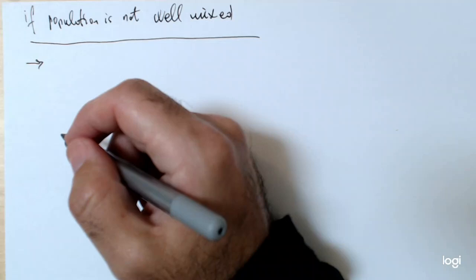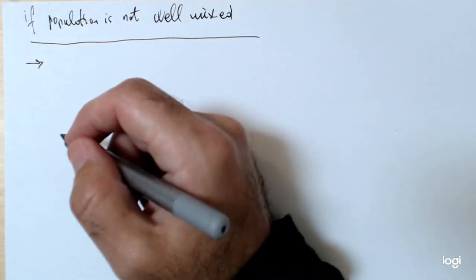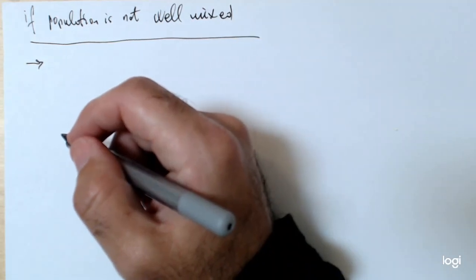That's not realistic because the total population is not well mixed. In your daily life, you meet basically the people you come in contact with, but you don't have a chance to meet anybody in the population.